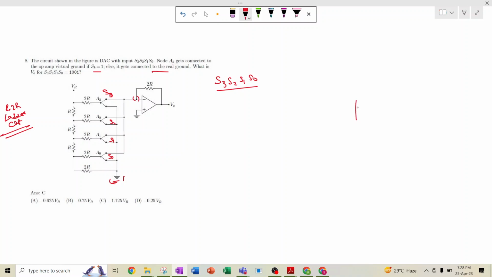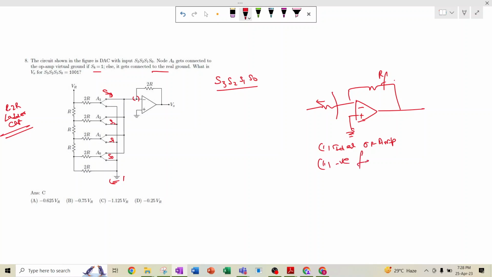So here is an op-amp, and this is RF, the feedback resistance. As I have already discussed, this op-amp is an ideal op-amp. This is the first condition, and the second condition is that there is negative feedback.